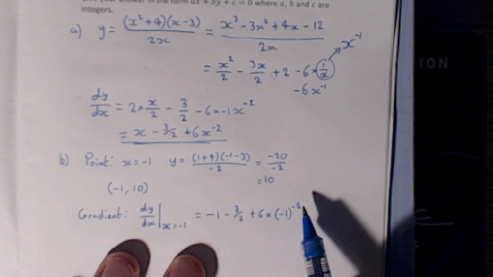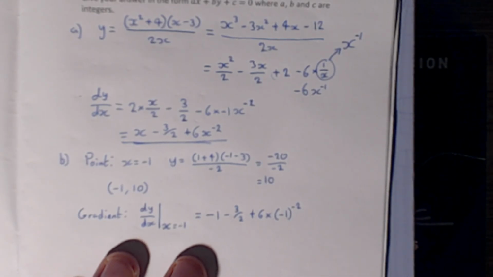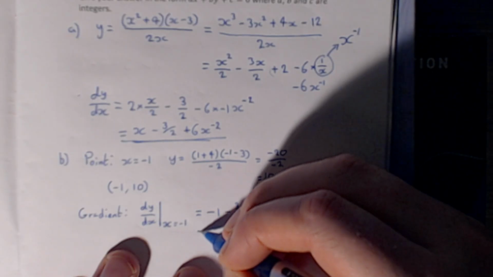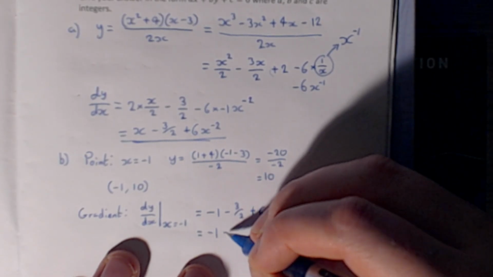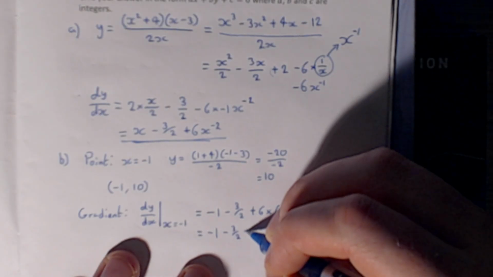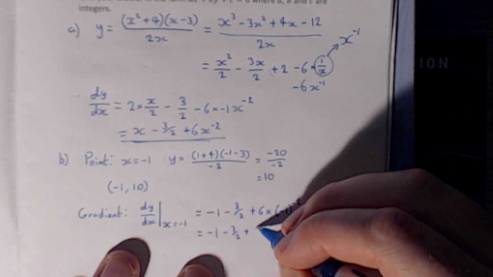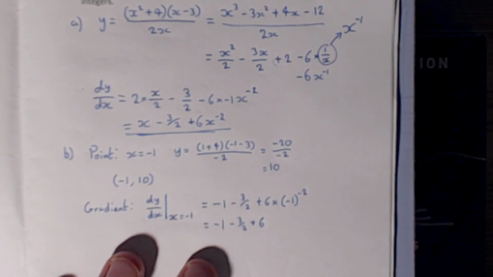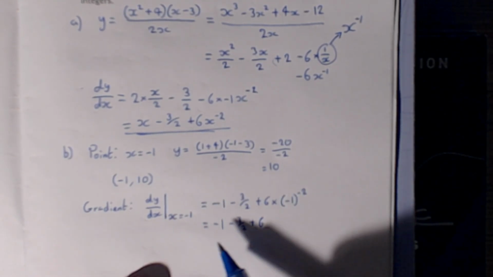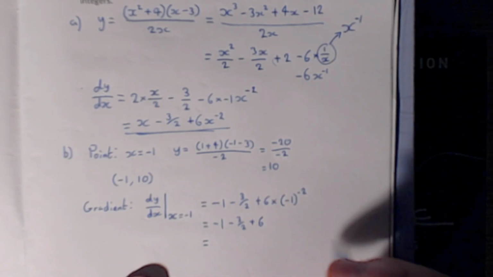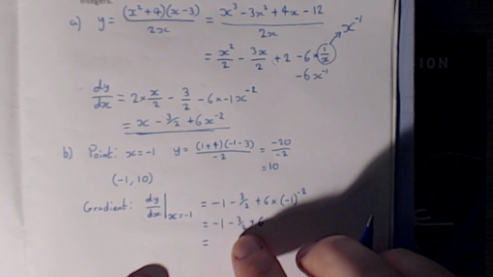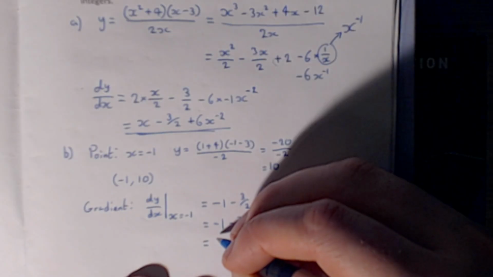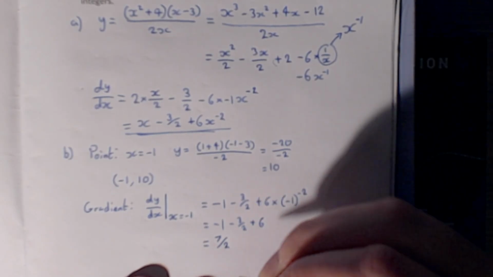And negative 1 to the power of minus 2, well that's just going to be positive 1. So this becomes negative 1, take 3 over 2, plus 6 times positive 1 is just 6. So we'll finish this off, so that's 7 divided by 2.